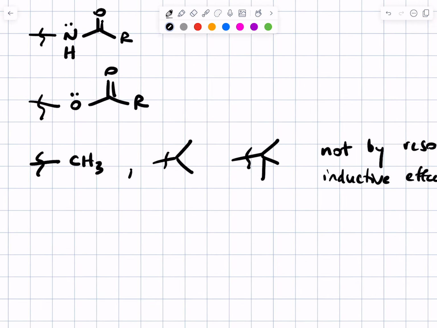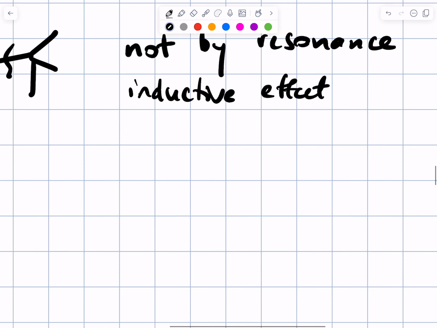The rationale here is that an sp3 hybridized carbon is less electronegative than an sp2 hybridized carbon, meaning the sp2 hybridized carbon can actually pull electron density away from the sp3 carbon. And so sp3 carbons donate electron density into the ring just through an electronegativity effect.